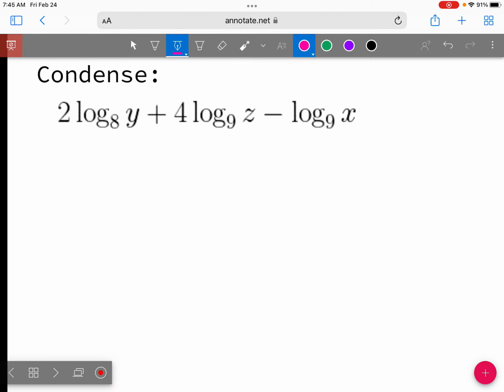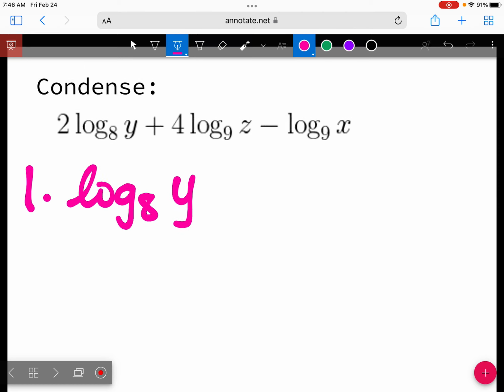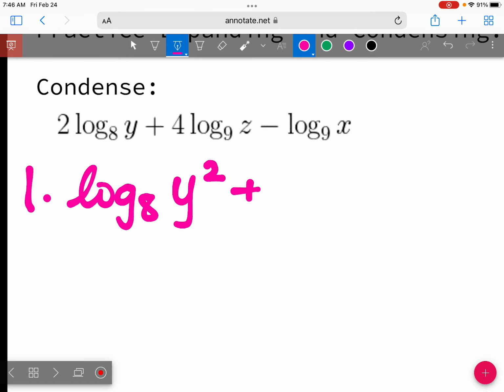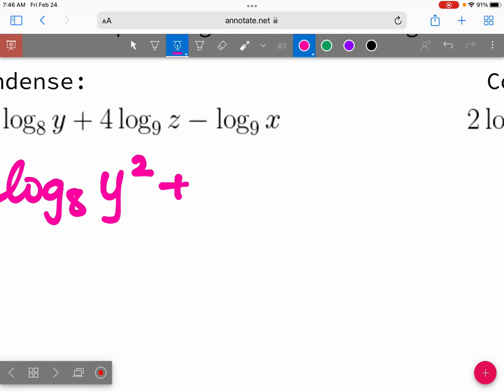First step, multipliers become powers. So what do you get? Y squared. What's next?